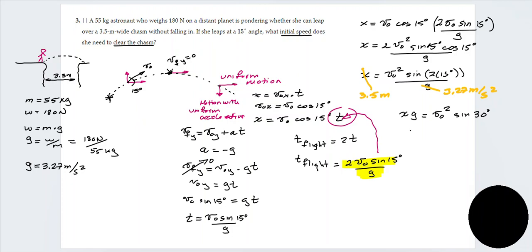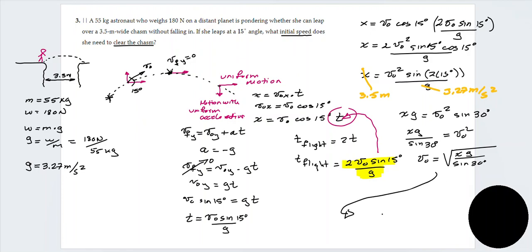So we get that xg divided by sine of 30 degrees is equal to v sub 0 squared. So v sub 0 would be the square root of xg divided by the sine of 30 degrees.